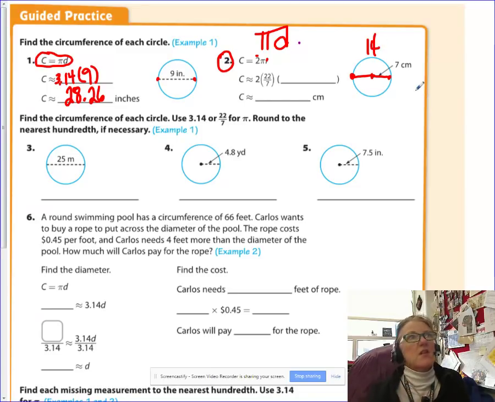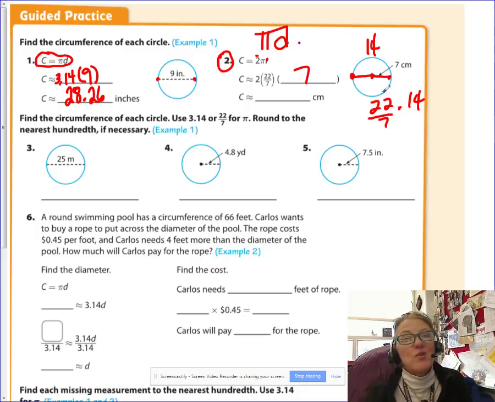That's where the 2 and the r come from. So really, you just have to take pi times 14. Now, the way they've stepped this one out, they want you to put a 7 there. 2 times pi, and this time they're using 22/7 times the radius. Personally, I just rather have you take 22/7 times the whole diameter of 14. Okay? That's the way I would do it.